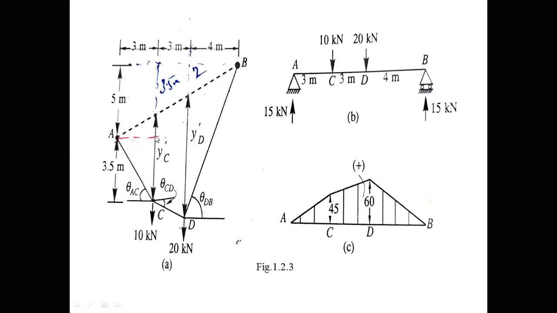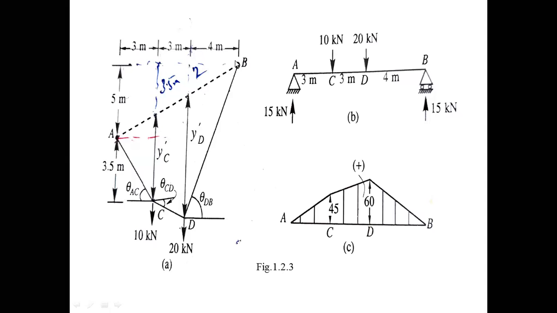But you don't know from this point to this point, the inclined line. You calculate this one by similar triangles. Let us take a similar triangle, A, B.